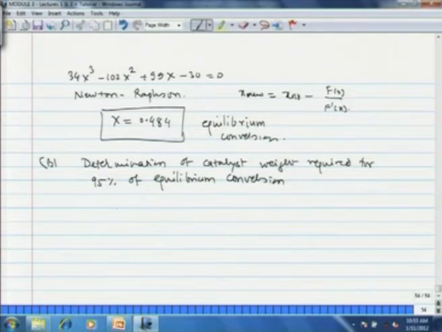Now the general formula for a catalytic reactor, we have been given a packed bed reactor.